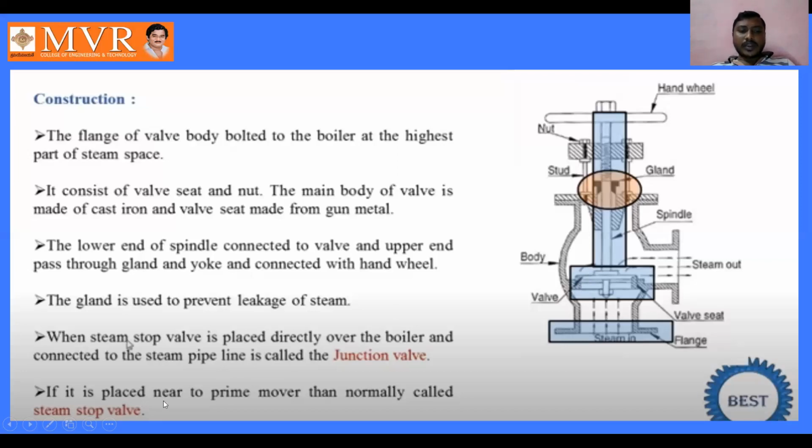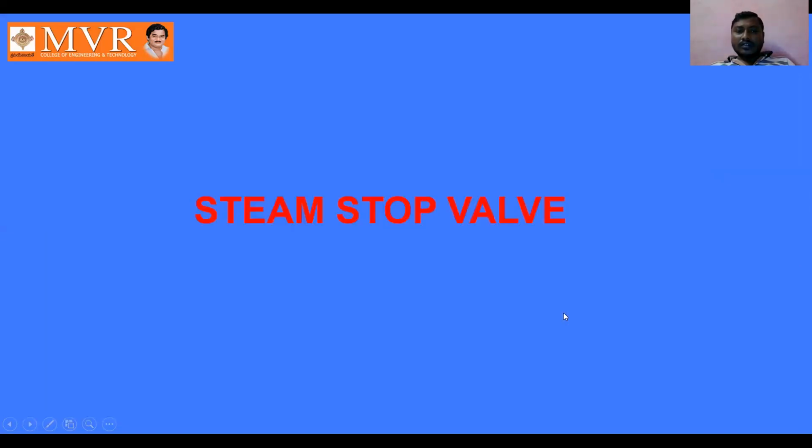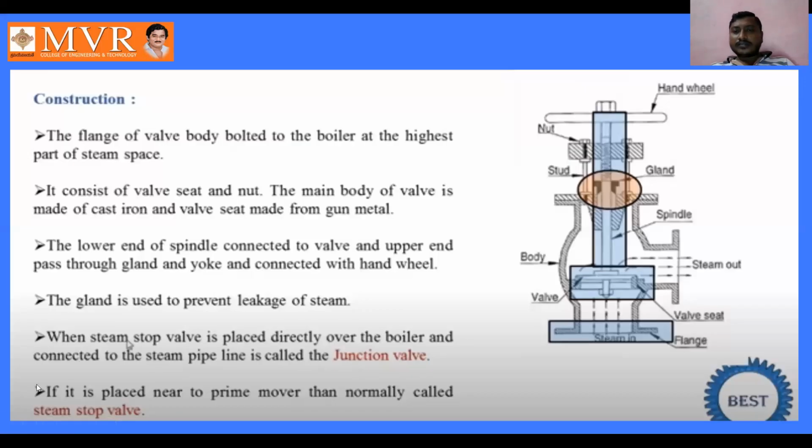And if it is placed near the prime mover, then it is normally called the steam stop valve. This is about the construction of the steam stop valve. See here, you can observe the different components and how we are going to construct this steam stop valve.